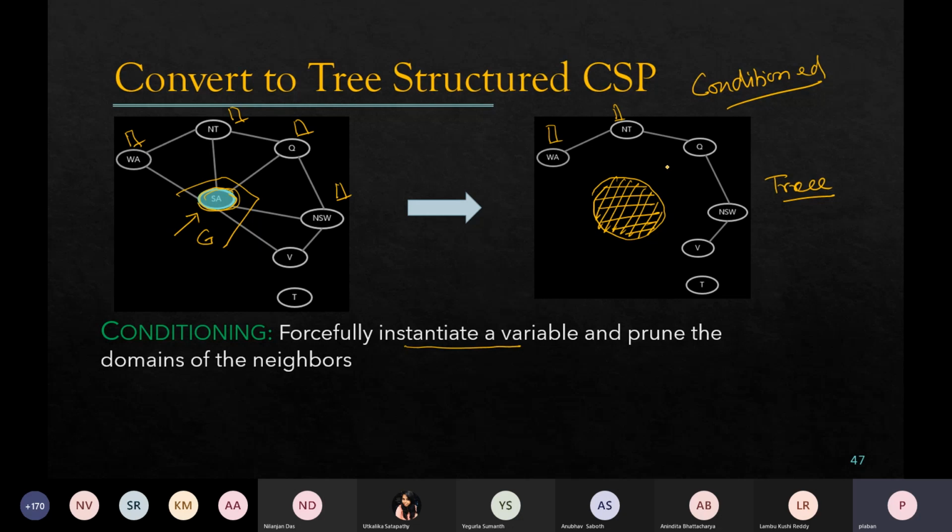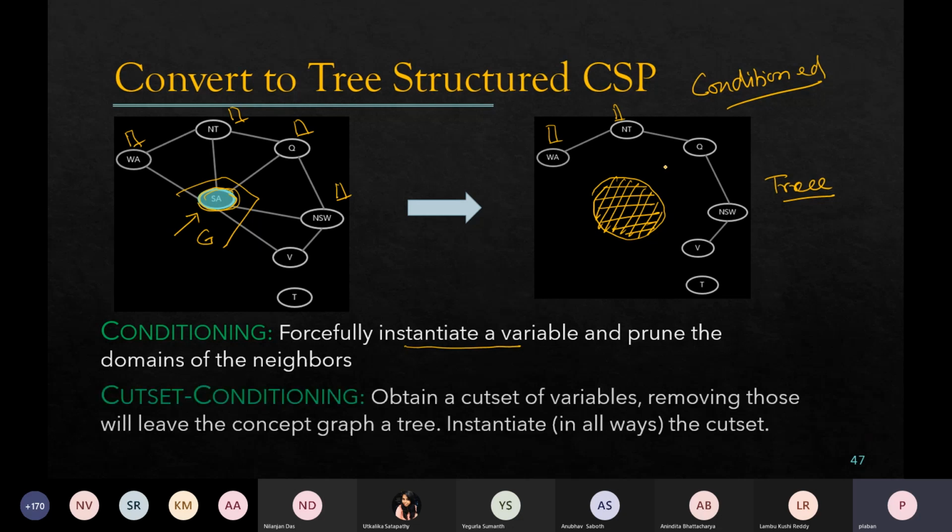That is what we call the cutset condition. So we'll be selecting a subset of these variables, and if we remove those corresponding nodes from the graph, whatever we are left with is a tree. If we can do that, then we define that to be a cutset.